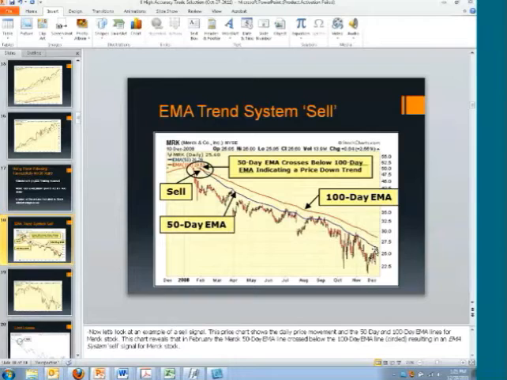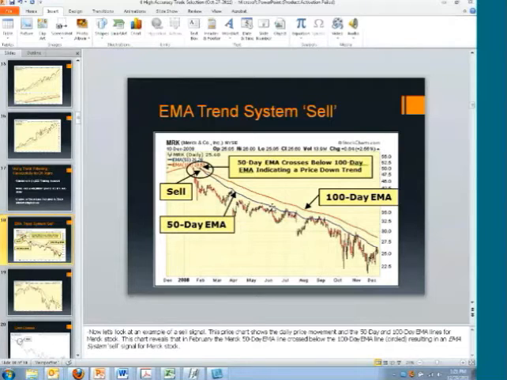So you can see that if you were holding Merck stock and you used this to exit once the 50-day crossed below the 100-day, you would have saved yourself a lot of pain by simply following this trend following system, rather than trying to predict if Merck stock was going to bottom out and start back up again.